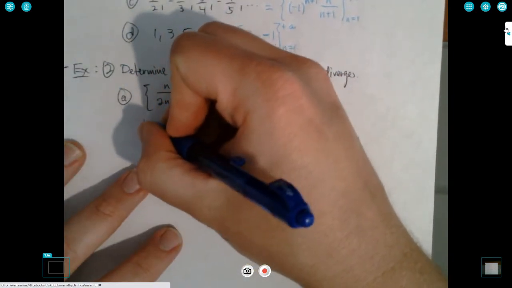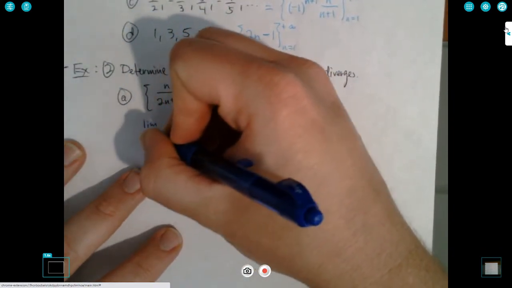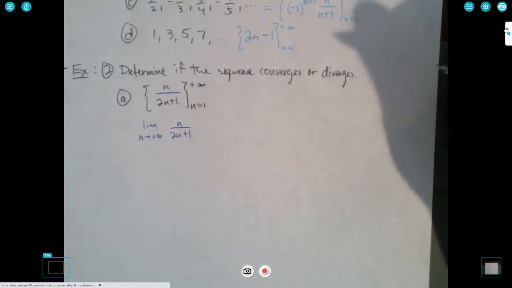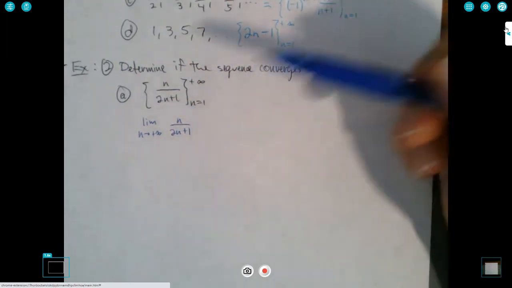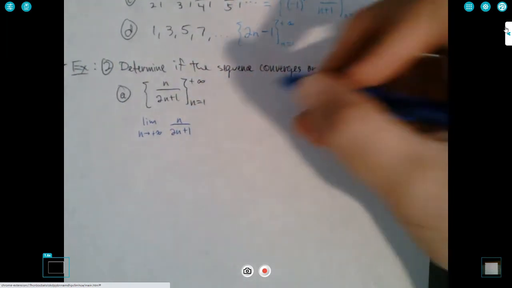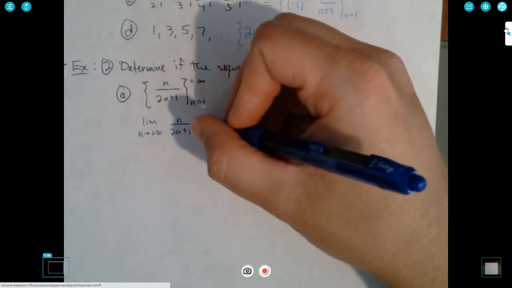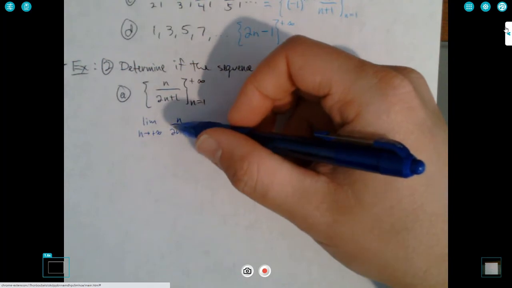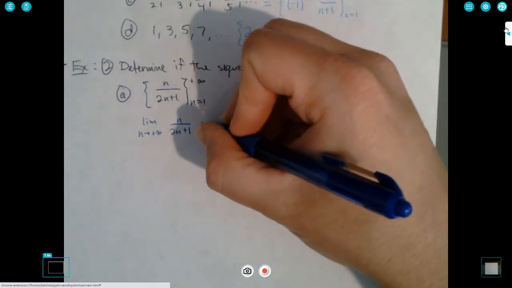So, the limit as n goes to positive infinity of n over 2n plus 1. Well, this is like a L'Hopital thing, because this is infinity over infinity. You could apply L'Hopital's rule, I suppose, or you could just use the fact that it's a polynomial divided by a polynomial, so the limit is the ratio of the leading coefficients. In this case, it's 1/2.